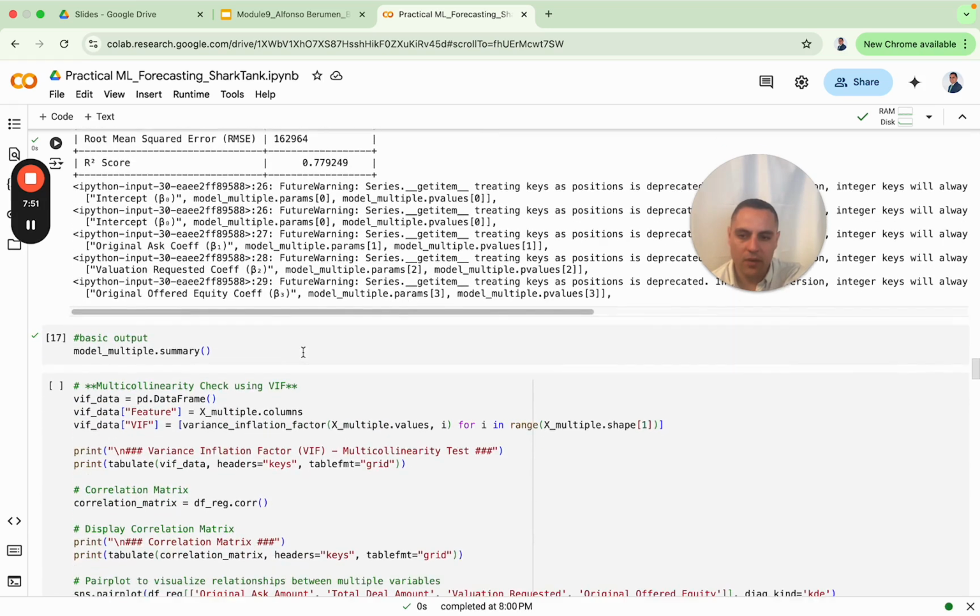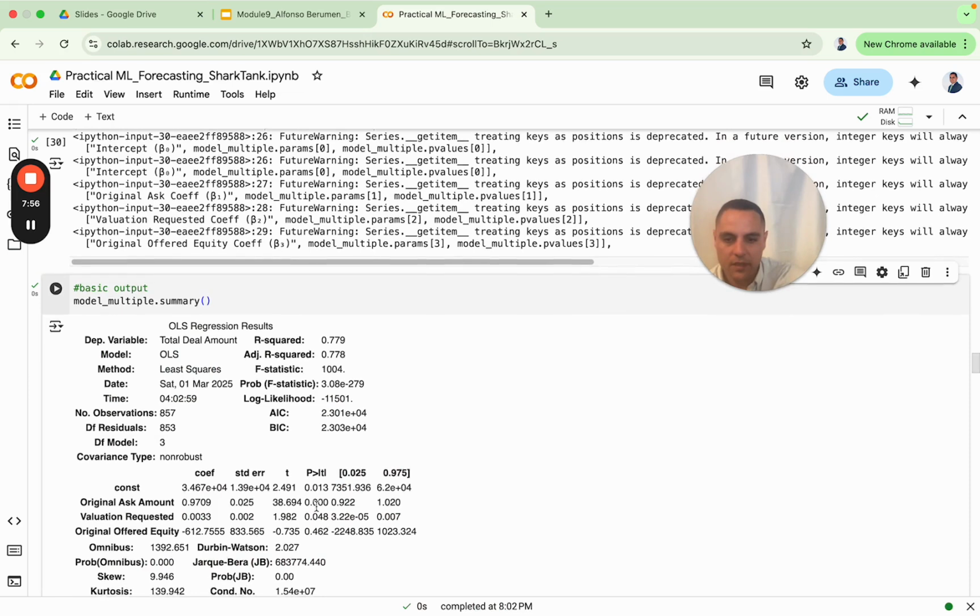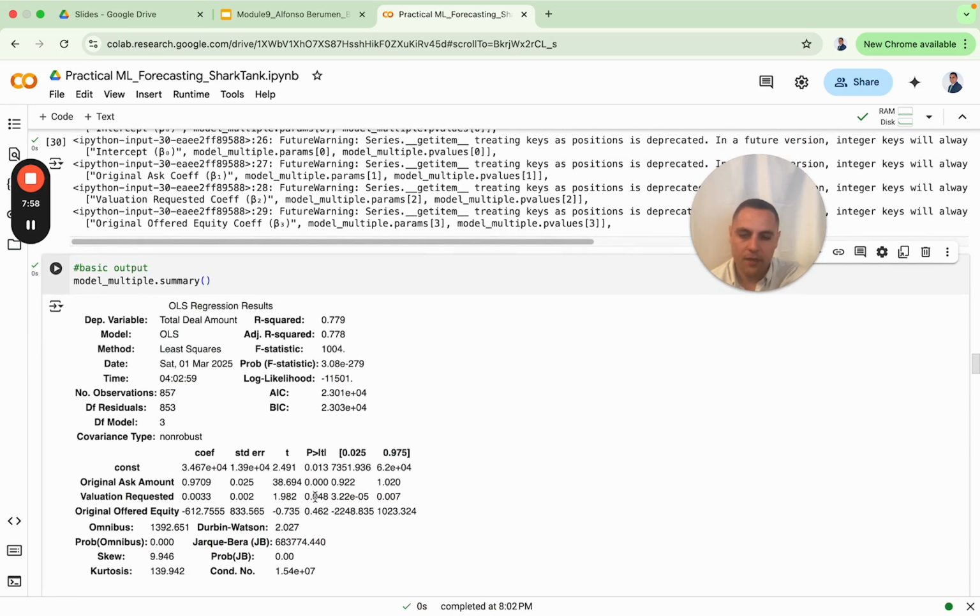So if we look at our output, you can see the basic output, and that's consistent with what we've already seen, just in a slightly different format.